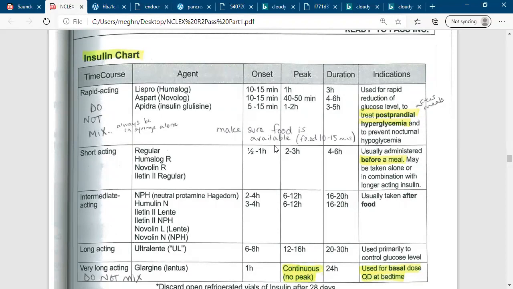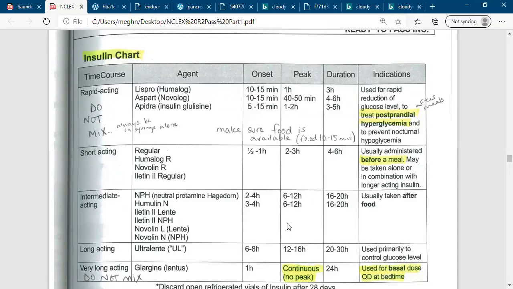And the peak of regular insulin is 2 to 3 hours. Just multiply, 6 to 12 hours is the intermediate insulin peak, right?